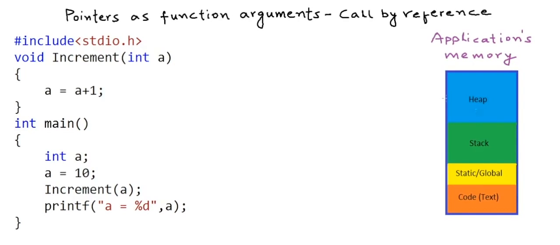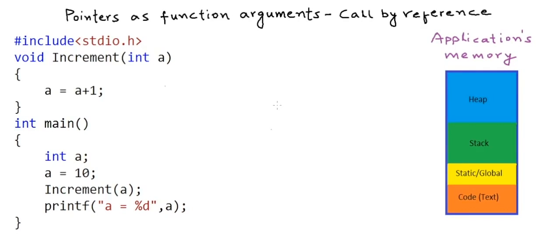Of these four segments of the allocated memory, the text segment, the global variable segment and the stack segment, these three are fixed and they are decided when the program starts executing. The application, however, can keep asking for more memory for its heap segment during its execution only. We will cover all of these things in detail in our forthcoming lessons.